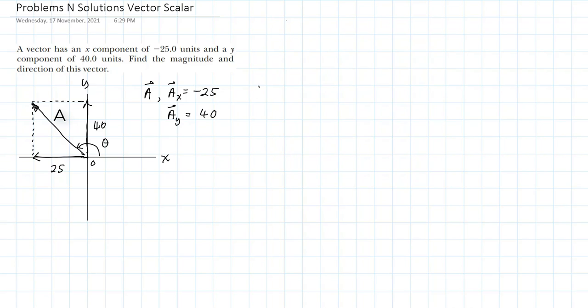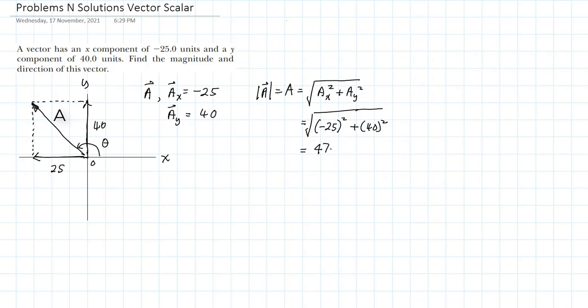So the magnitude of the vector A is equal to the square root of AX squared plus AY squared, so we get 47.2 units. So that is the magnitude of the vector A.